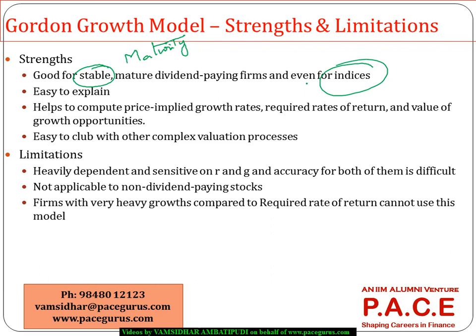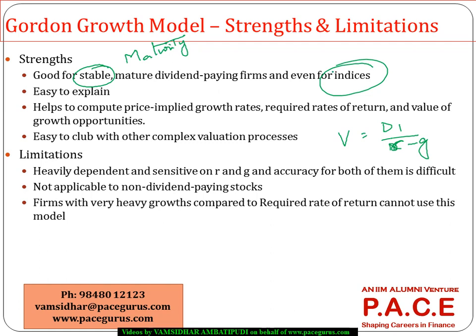So it can be clubbed with other models quite comfortably, and at the end the formula is value equal to D1 by R minus G. Now there are 4 variables in it. By knowing 3 variables, I should be able to compute the 4th one quite comfortably.